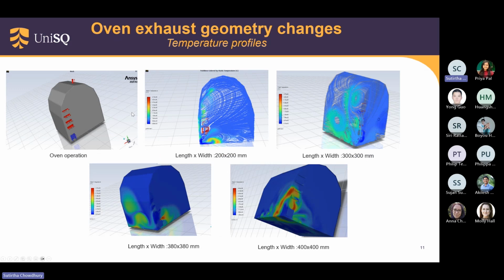Afterward, we have planned to change the geometry of the chimney size. Here you can see where my cursor is. This is the chimney and these are the outlets. They have 4 outlets in the back first. With the current existing model, where they have a chimney size of 200 by 200 mm, we can see the temperature is not distributing all over the areas.